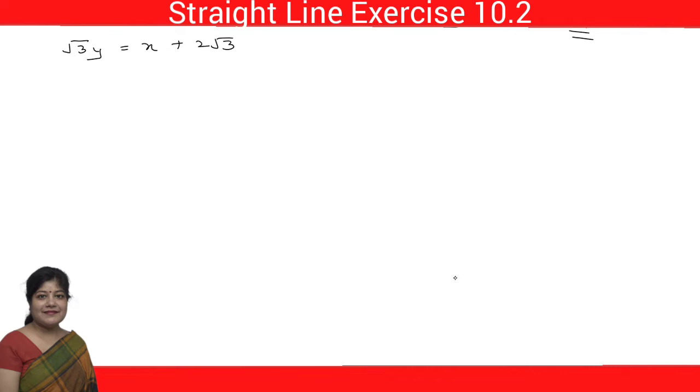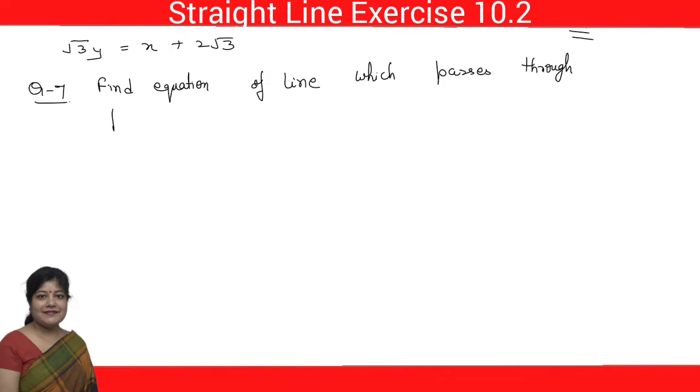Now next question, question number 7. Find the equation of the line which passes through the points minus 1 comma 1 and 2 comma minus 4.